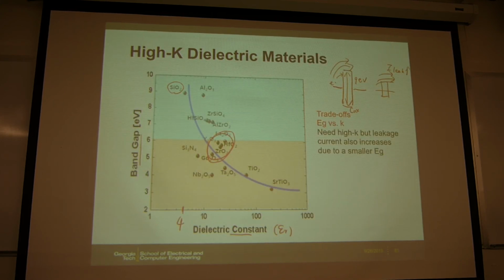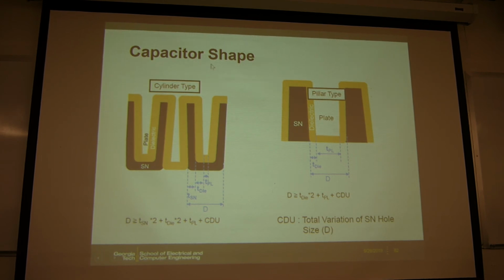So this is probably zirconium, hafnium oxide, or the exact composition, I don't know. So this is the structure of the capacitor, the shape of the capacitor. There are two kinds of shape. One is called the cylinder type, the other one is called pillar type. So here, this is how you make the structure. Let's say those two electrodes.